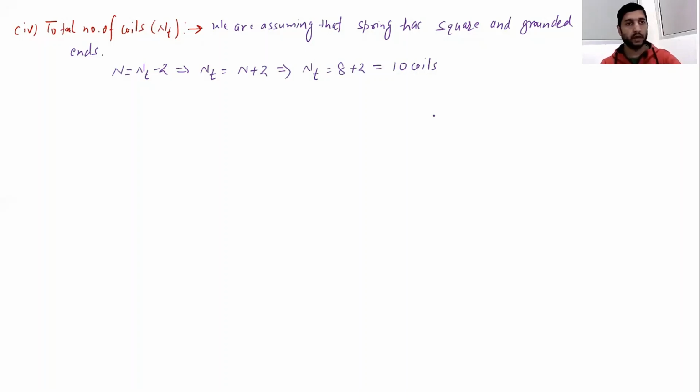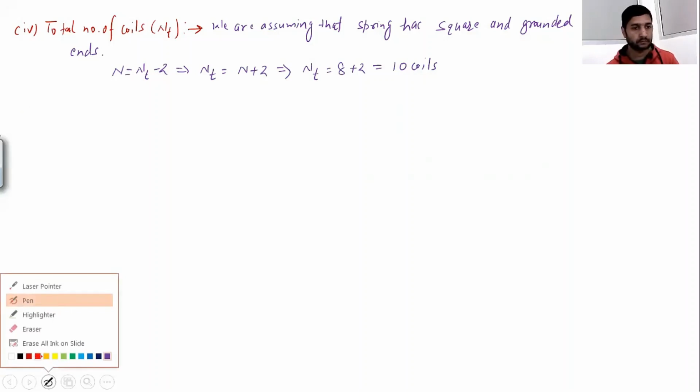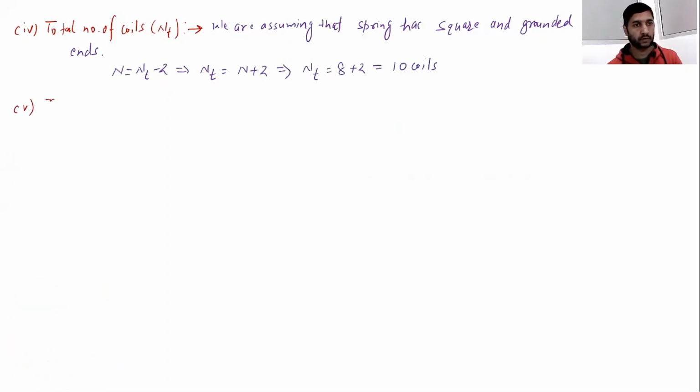Okay, and after that the fifth thing we have to find out is free length. Now as we know, the formula for free length I explained already, that it is compressed length plus deflection.